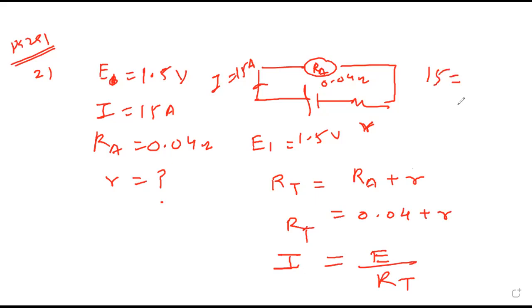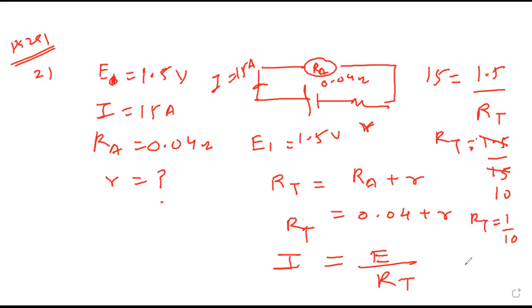Current is given 15, EMF 1.5, so total resistance is 1.5 upon 15, which is 1 by 10, that means 0.1. So 0.1 is 0.04 plus R.